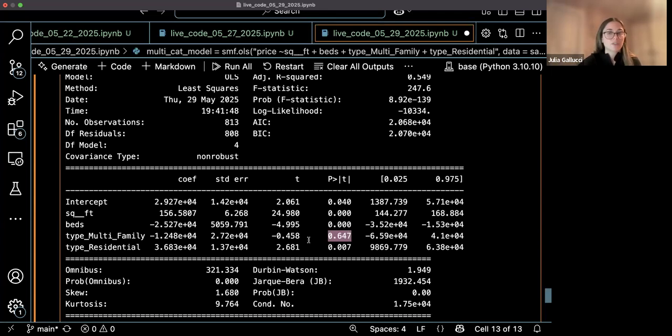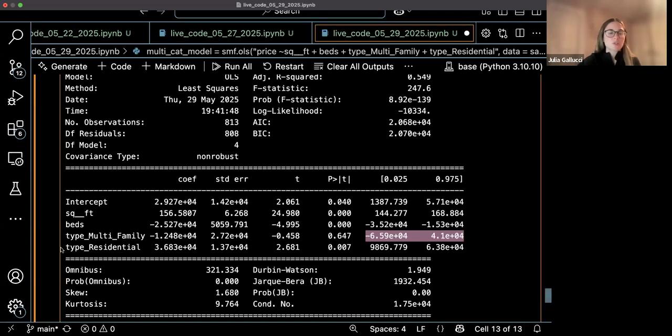So it's not significantly different. We don't have sufficient evidence to reject the null. We can also look at this 95% confidence interval. Here we can see that this range does indeed include zero, and it reinforces the conclusion that the difference in price between multifamily and condo properties is not statistically significant.